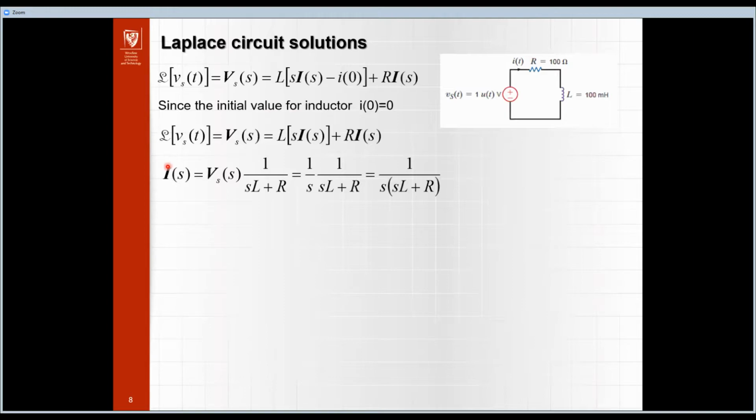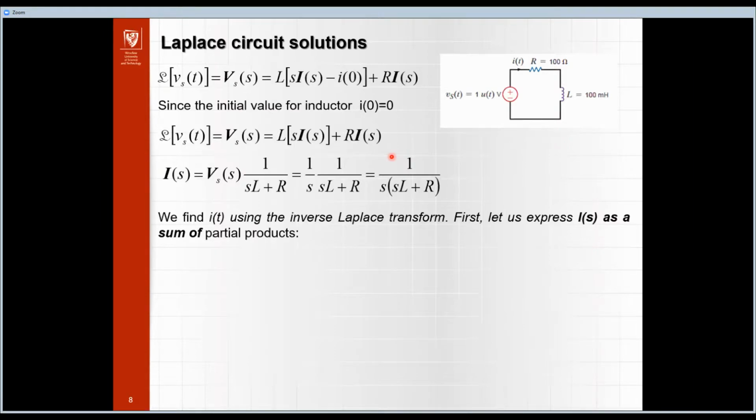Okay, and so we just arrange the components and we obtain the current as such a result. But it is not a good result from the partial fraction point of view. So, of course, we find the function of time of the current using the inverse Laplace transformation.